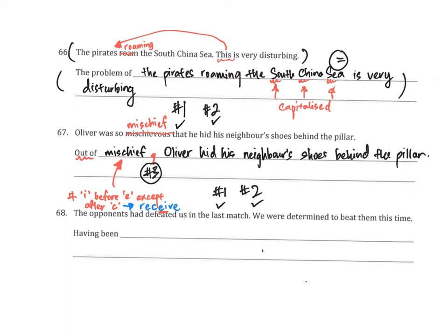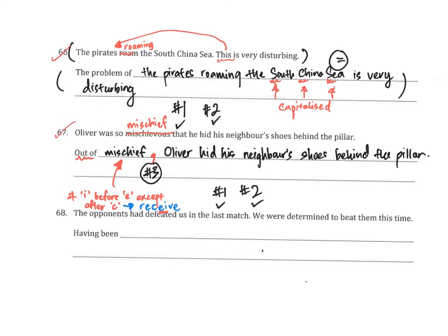Alright, so far, quick recap, we've done question 66. This has to do with changing the word from a verb, roam, into a noun phrase, roaming the South China Sea is a problem, right? Roaming is the problem. The pirates roaming is a problem. Question 67, we have also done.